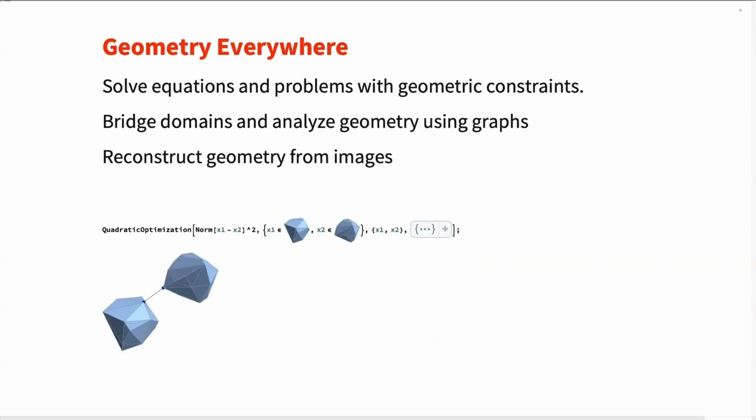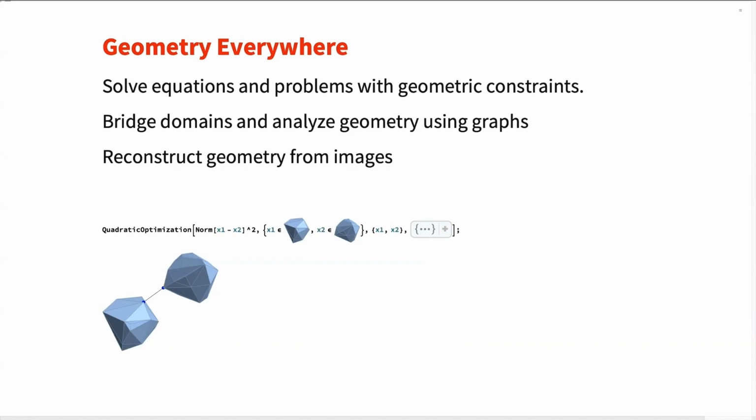These geometric regions are first-class citizens in the Wolfram language. They can be used as input and output, and they are deeply integrated in the rest of the language. You can solve optimization problems, algebraic equations, and partial differential equations with geometric constraints.